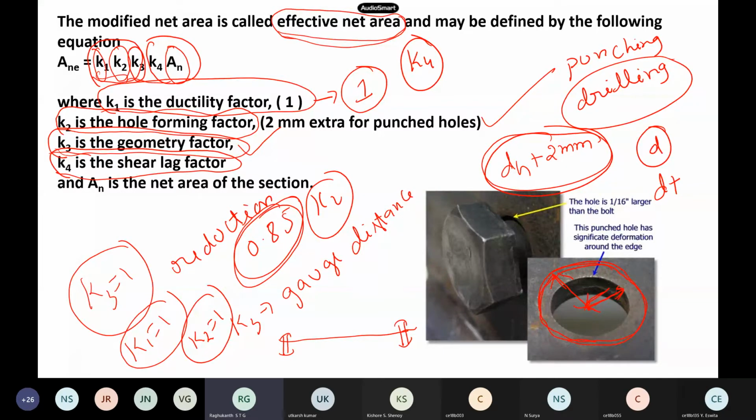We call it the shear lag factor, but in our code, if you see the formula, instead of writing K4 times AN, because K1, K2, K3 have been taken as 1, and people would ask what is K2, what is K3, the code says simply alpha times AN. So this alpha is the same as K4. It is nothing but the shear lag. This is a very important thing in practice.